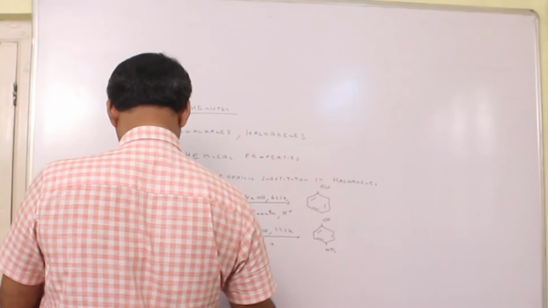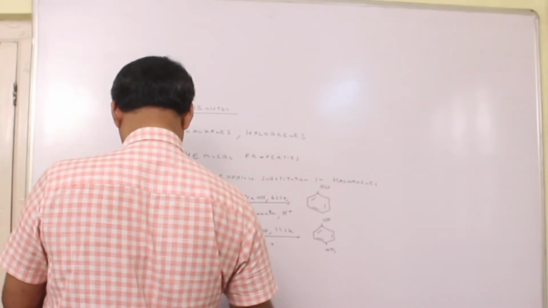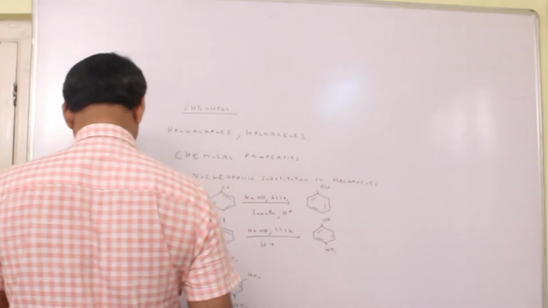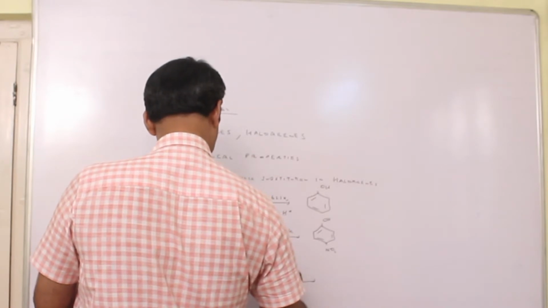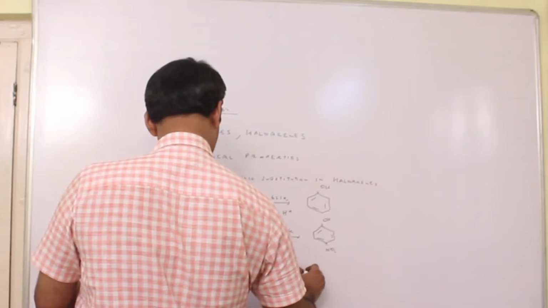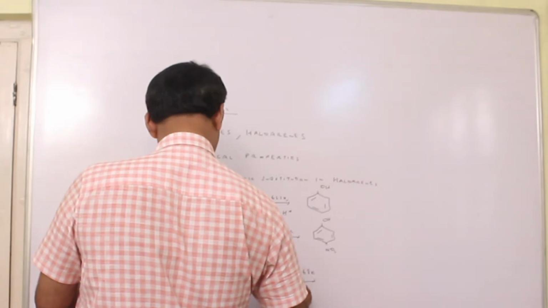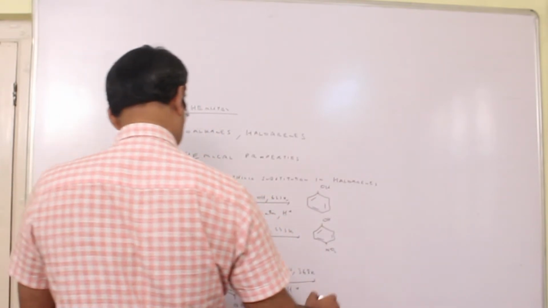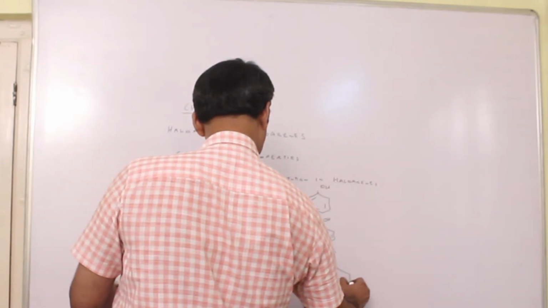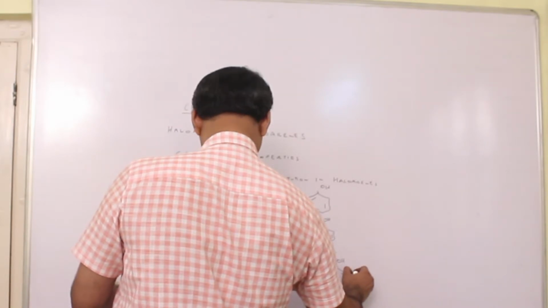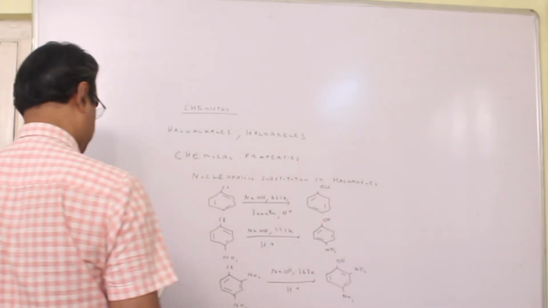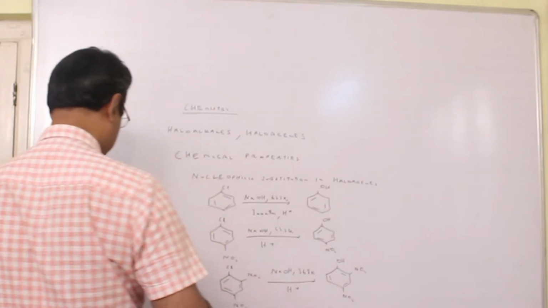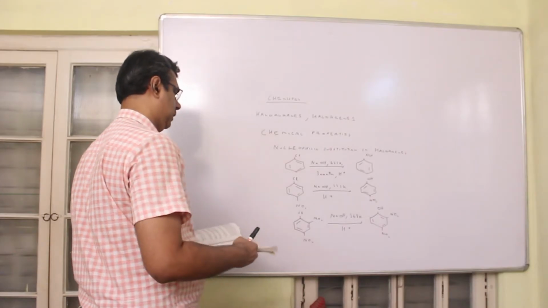Now suppose there are two NO2 groups, then the condition is NaOH 368 Kelvin and H+.